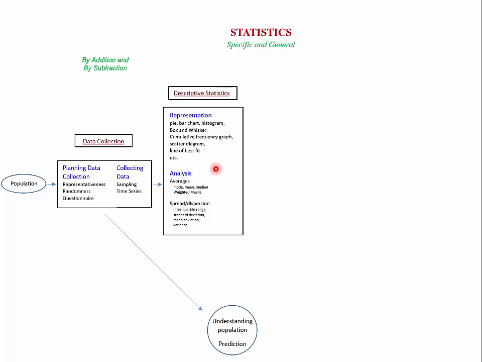And we also may want to analyse the results, so we could work out averages, mode, mean, median, and the spread of the data. And that again gives us a better understanding of the population. The sutra here is transpose and apply, because the data is being transformed into an alternative structure that we can more easily assimilate.